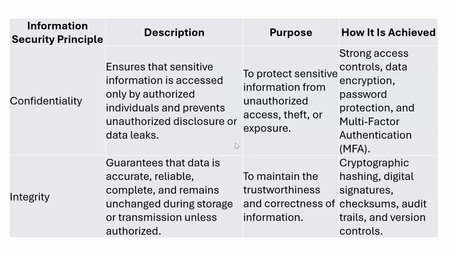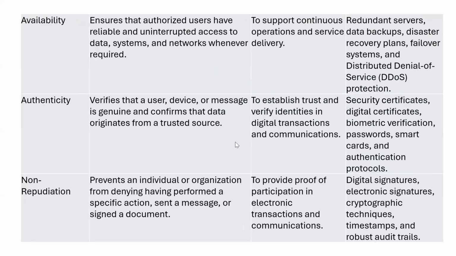So we have confidentiality, we have integrity, and then we have availability. Availability ensures that authorized users have reliable and uninterrupted access to the data. Just like you have your physical door, people that are coming in through it should be able to come in. The fact that you want to protect your home from thieves, armed robbers, and intruders doesn't mean that those who have the authority to be there, your child, your wife, your husband, or your household, should not have access to it.